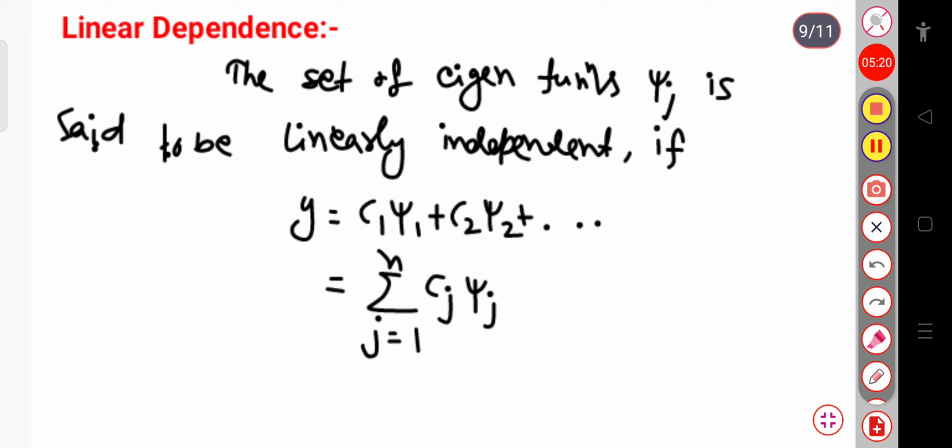It means that if I add these terms, c1 psi1 plus c2 psi2 plus so on, this is equal to 0.